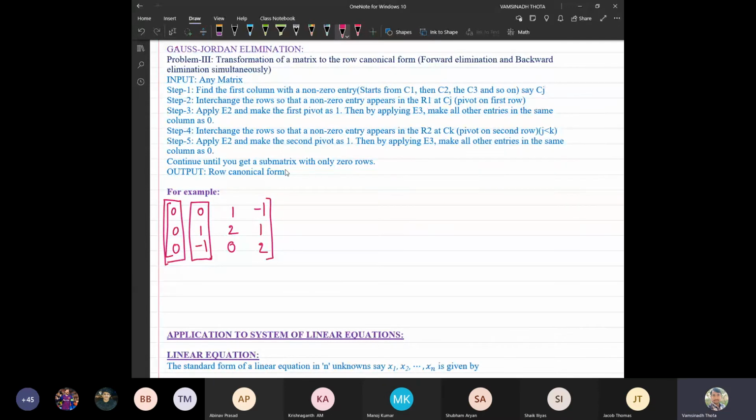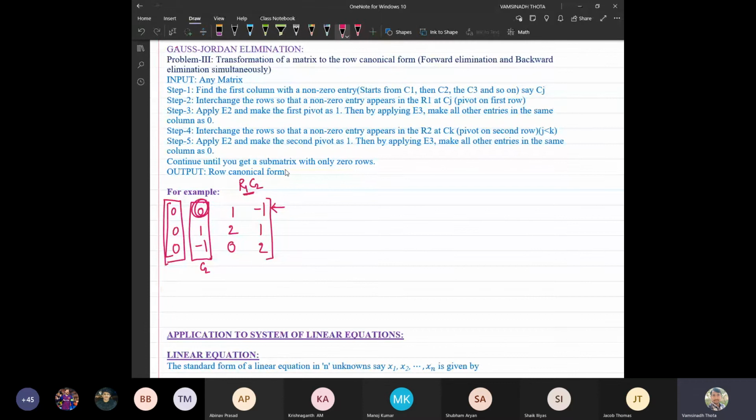Since in column C2 there is a non-zero entry, we should make the entry at position R1, C2 a non-zero entry. The process is the same: as I said, we can take R2 to the first row, or R3 and R1 can be interchanged.